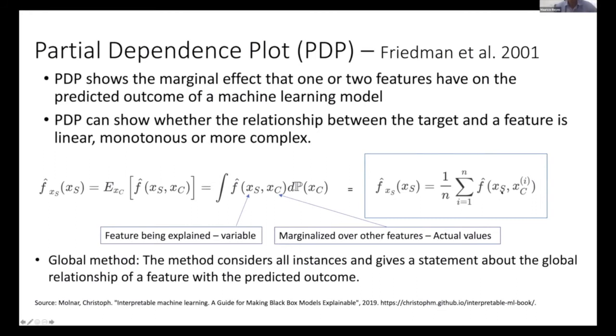When we fix a given value, let's say I want to see the impact of age on a patient, for example, on ovarian cancer, I'm going to fix that value here, and I'm going to move the other features or variables or information of different patients and calculate an average. And so this is this marginalization. So we keep one fixed and we move the other values, and we see how that model reacts to that perturbation.